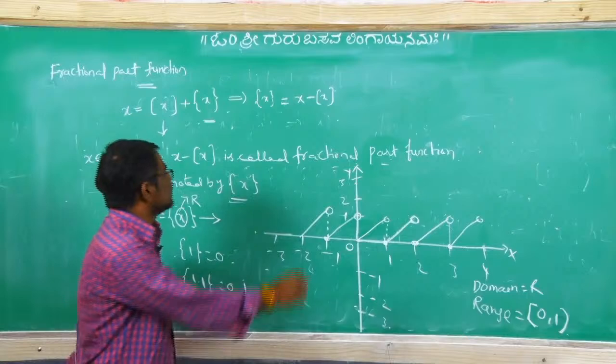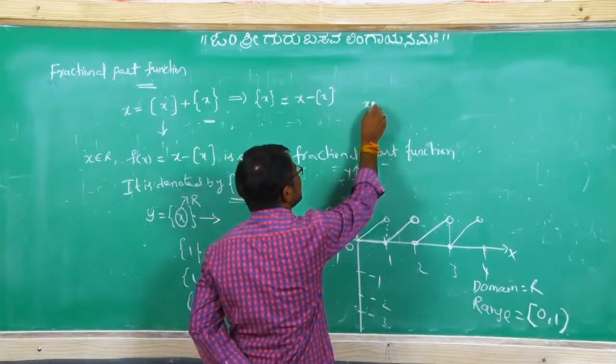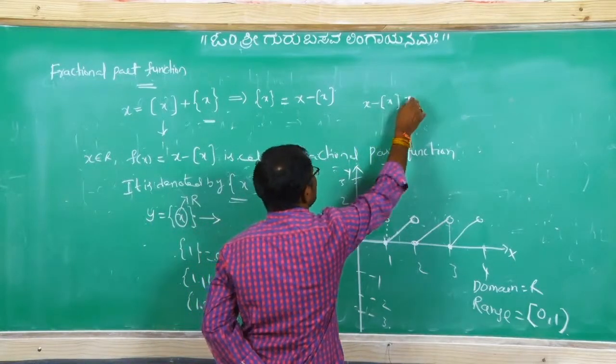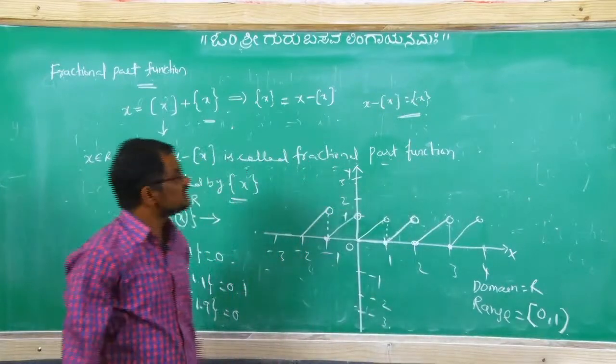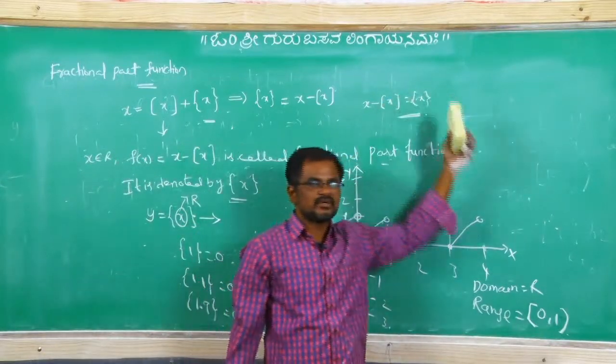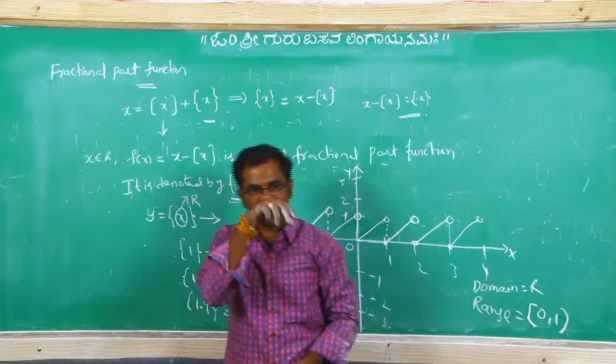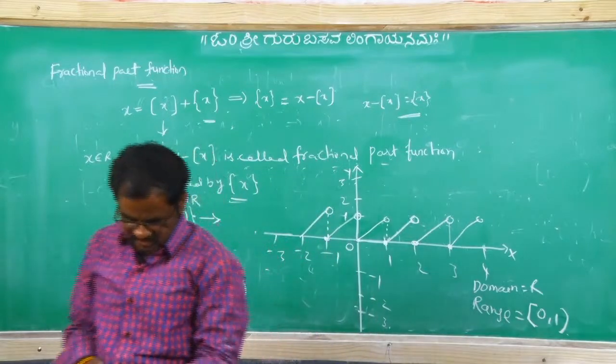Always, the fractional part of x means x minus [x]. X minus [x] is nothing but the fractional part function. This is the integral part, this is the fractional part. Understood or not? So today we discussed 3 functions.